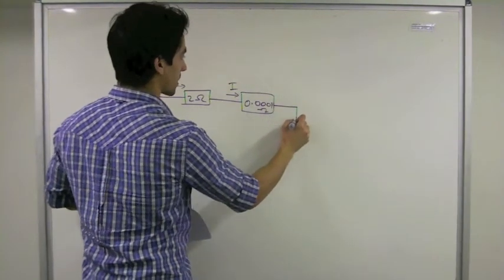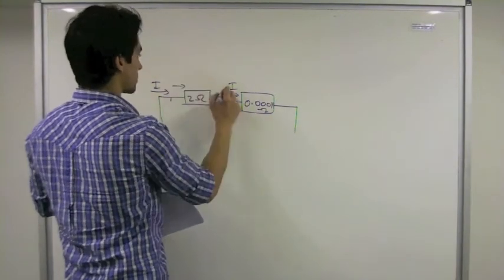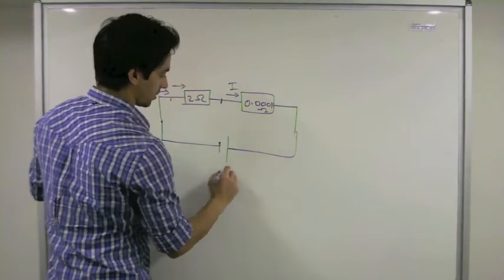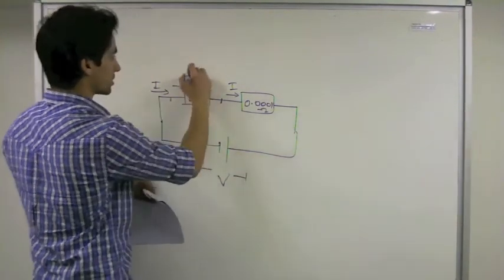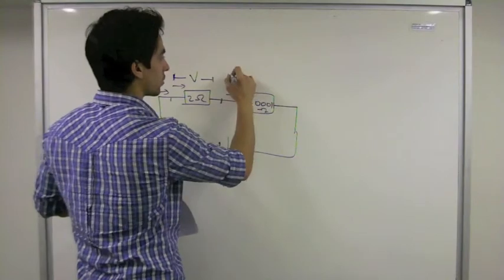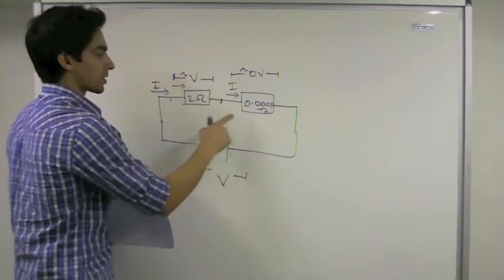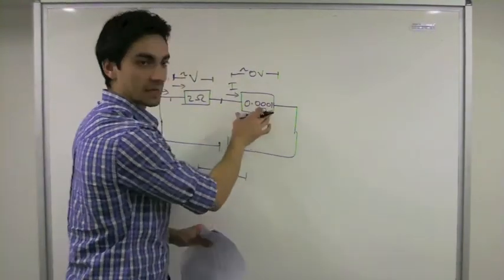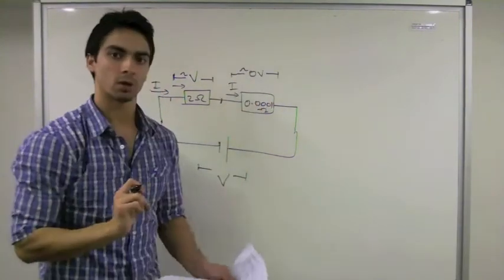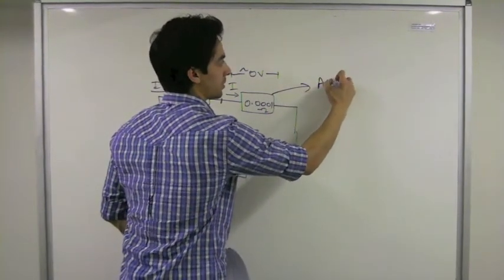Now, let's say the EMF was V. The voltage across this would still be approximately V, and the voltage across this one would be approximately 0 volts. So this kind of a device can accurately measure the current without actually consuming a portion of the voltage of the circuit. This is how an ammeter works.